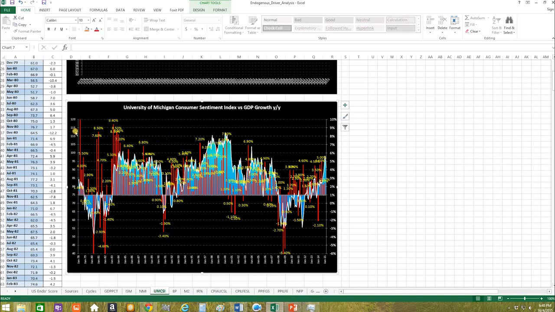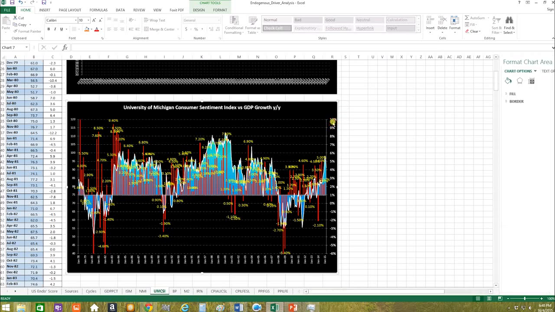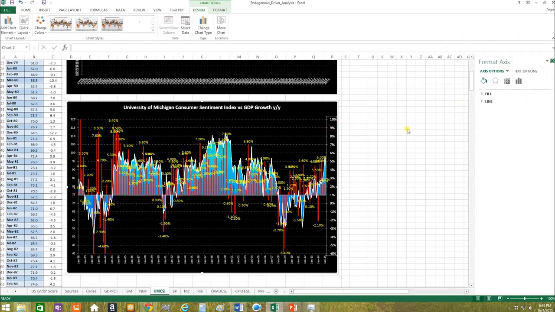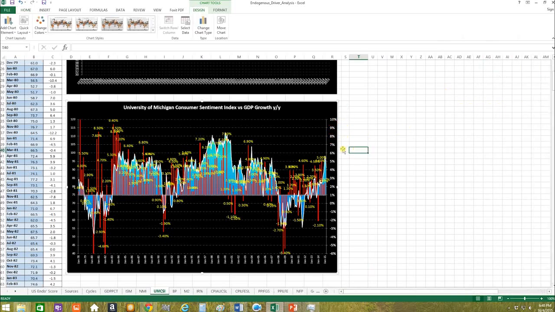What are we looking at? Well, we've got the absolute level of the UMCSI here, and we've got the level of real GDP growth on the right-hand side here. And what we're looking for is consistency in our data, in that we're looking for levels of the UMCSI that are consistent with levels of real GDP growth.